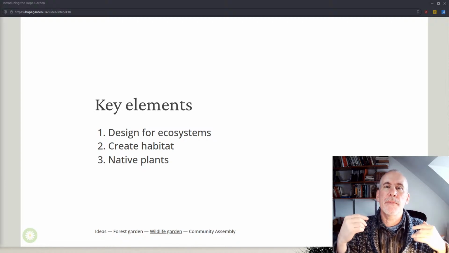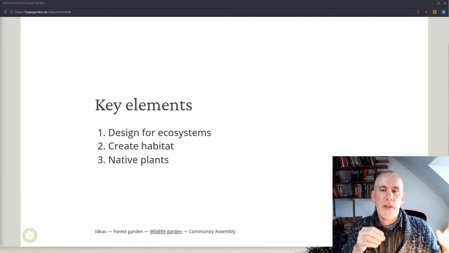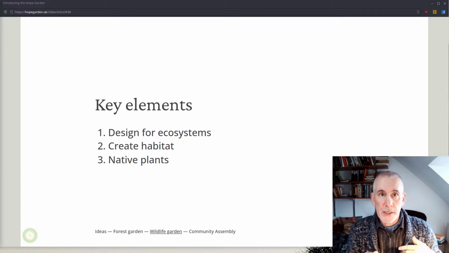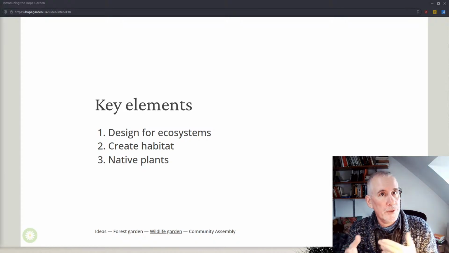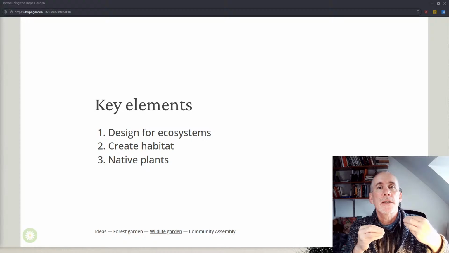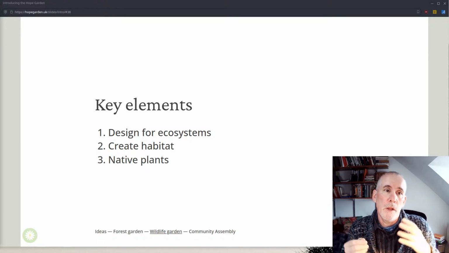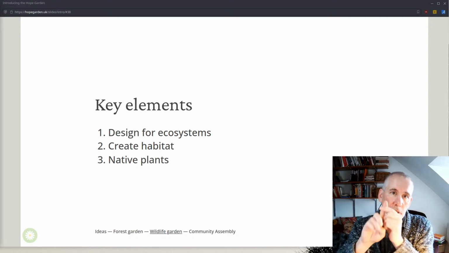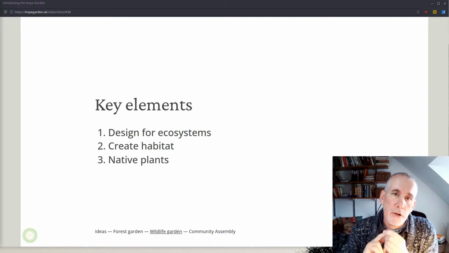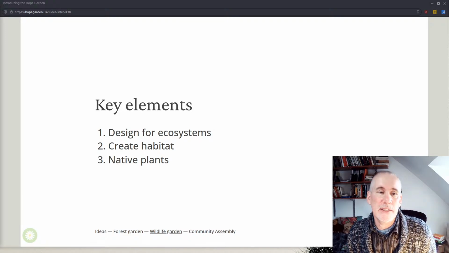So that's where they breed, where they live, the different stages of their life, the food that they eat, the water that they require, the shelter that they need. So it's food and water and shelter, and then part of that is the native plant aspect as well. So those are the three key elements: designing for ecosystems, creating a habitat, and using native plants where possible.